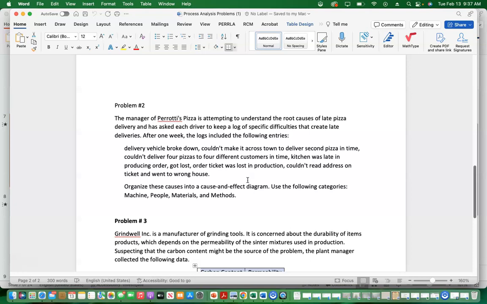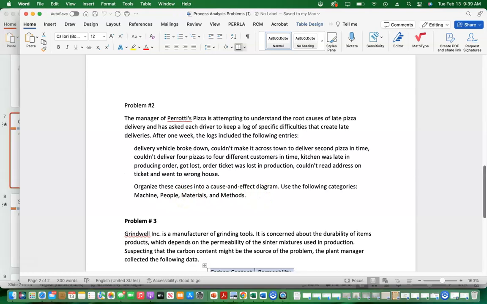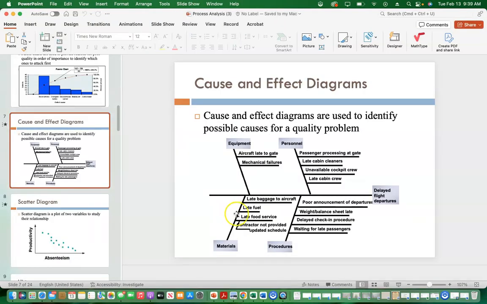So we are supposed to organize these causes into a cause and effect diagram. We have to use the following categories. One is machine, people, materials, and methods. So this problem is more or less the same as this one.